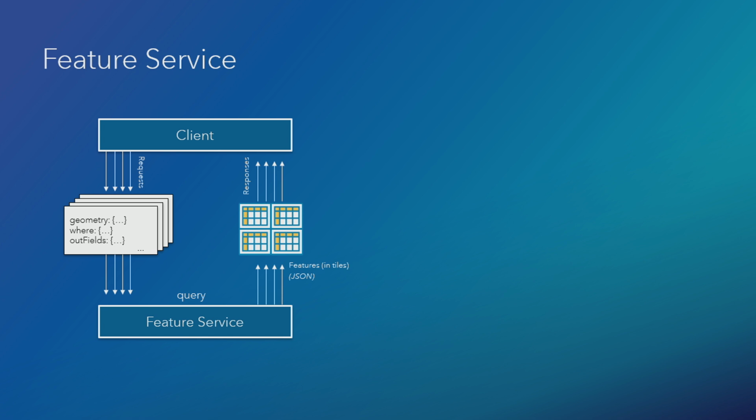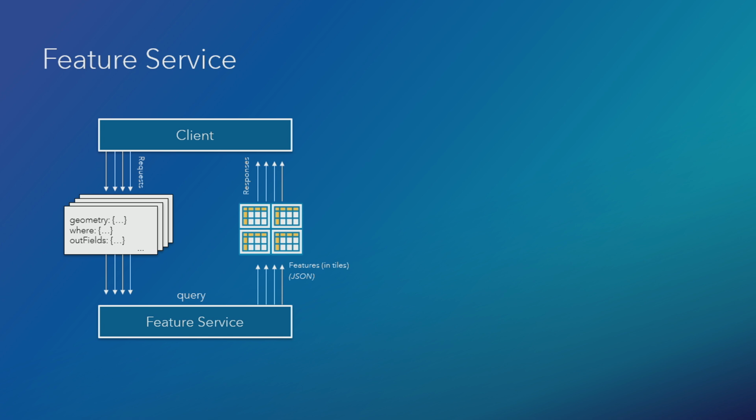Now it sends many smaller queries and gets data streamed in parallel. It's worth noting that feature services have been around for a long time, but there's been a series of advancements. That's one, we'll talk about a couple others, that have made it such that feature services are now a very viable option for a lot of data that you would want to visualize and work with in browsers and other mobile clients.